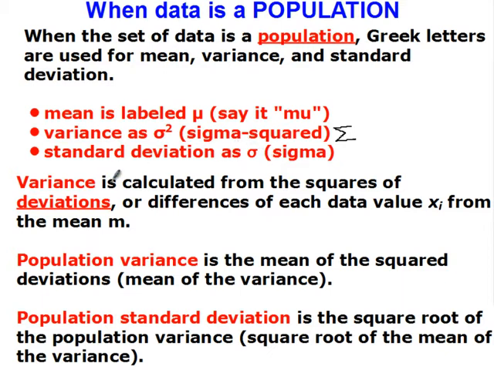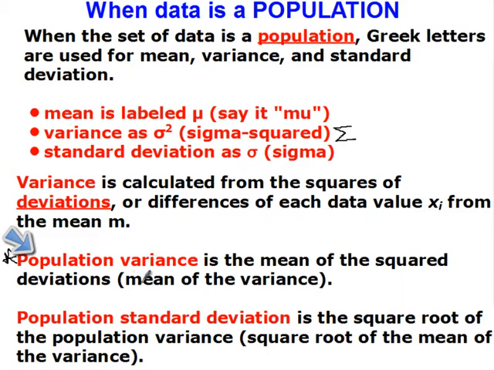And so variance is calculated from the squares of the deviations. Deviations are the differences between a value and the mean. So we're looking at how far away each of our values in our data set is from the mean. That's what variance is. It's the mean of the squared deviation. So population variance is the mean of the squared deviation.